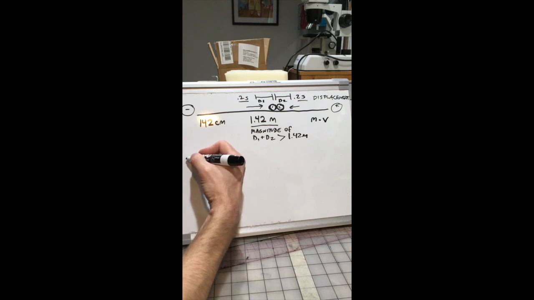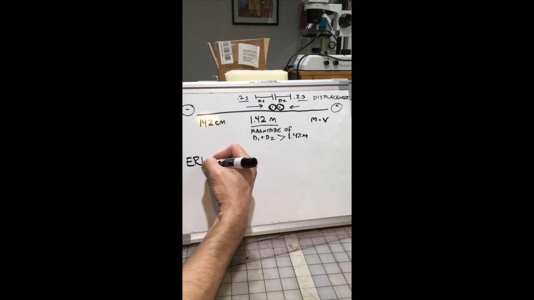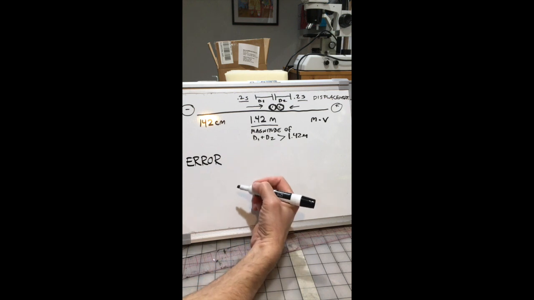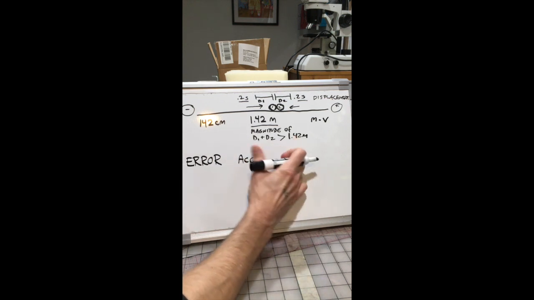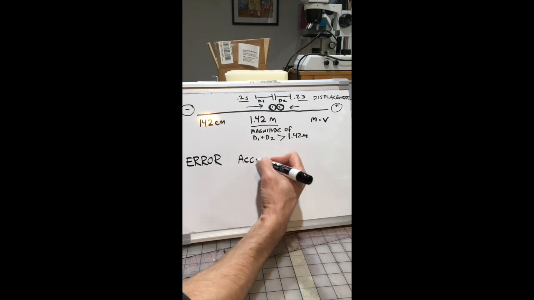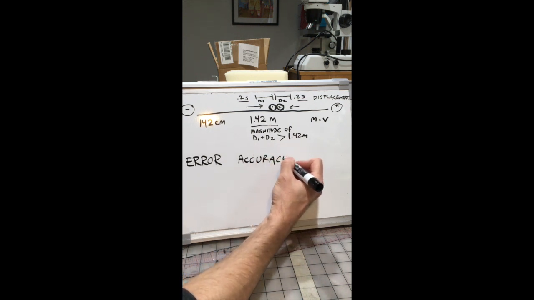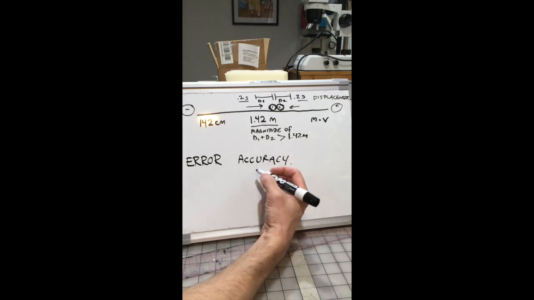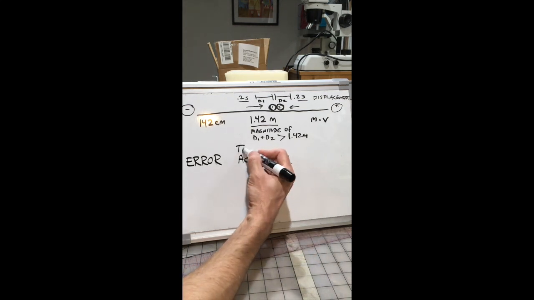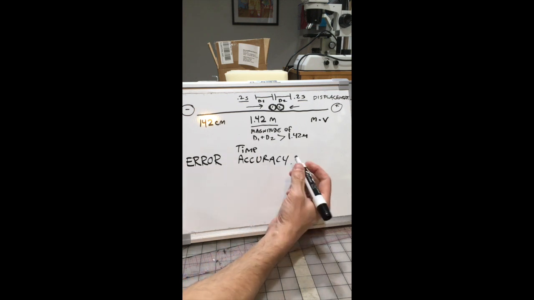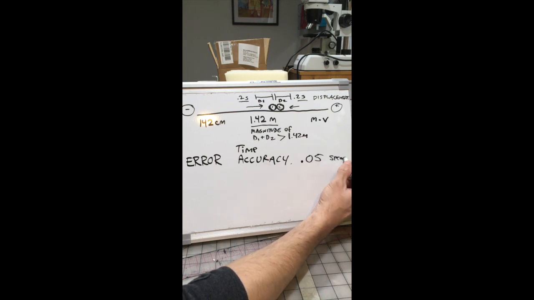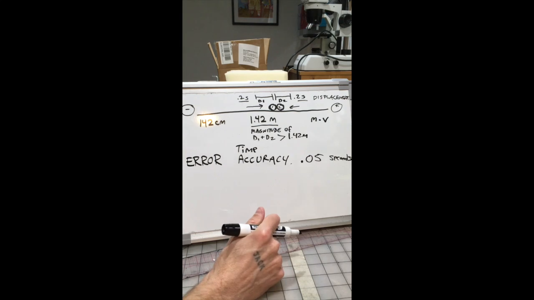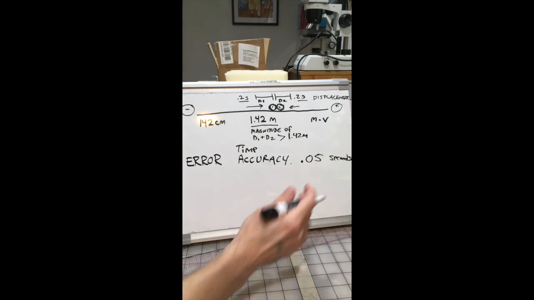So error in this lab is going to involve the accuracy of the software I use to collect the data. And I'm going to say that my software's time accuracy is accurate to 0.05 seconds, meaning it's not better than that.